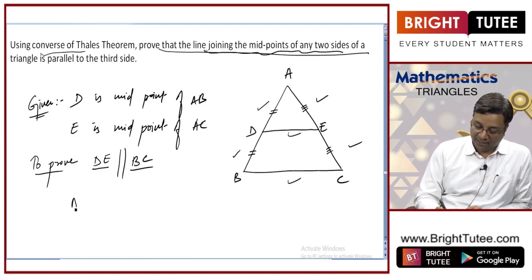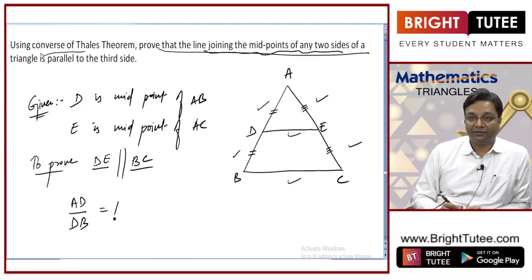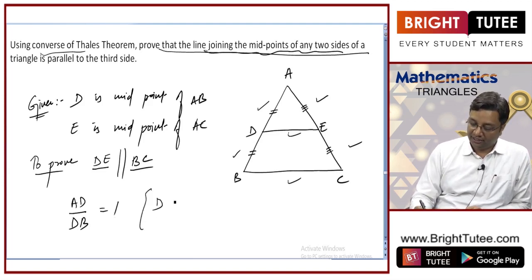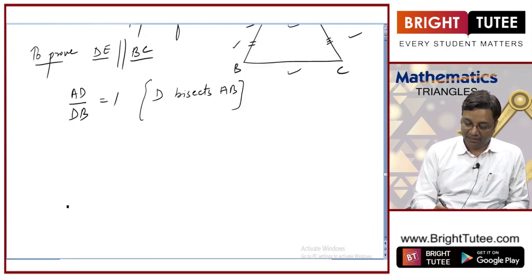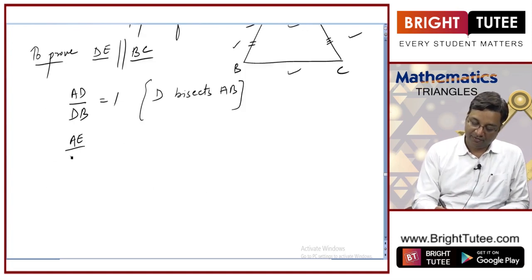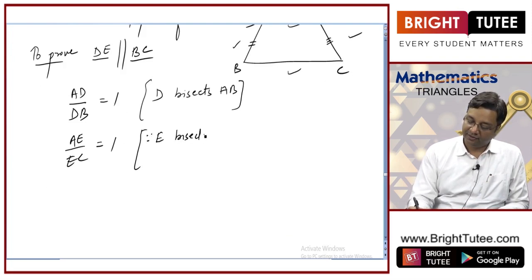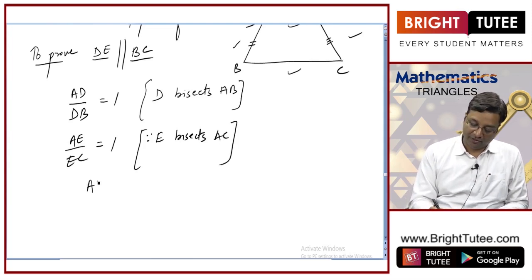So look at this, AD by DB is 1. Why? Because D bisects AB, right? Similarly, AE by EC is also 1 because E bisects AC. So these two ratios are equal.